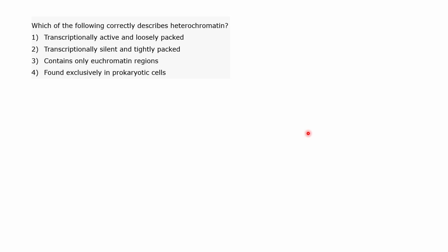Okay, option 2. Any other option? I think each of you goes to option number 2, right? It's the basic answer. So you are right: transcriptionally silent and tightly packed.